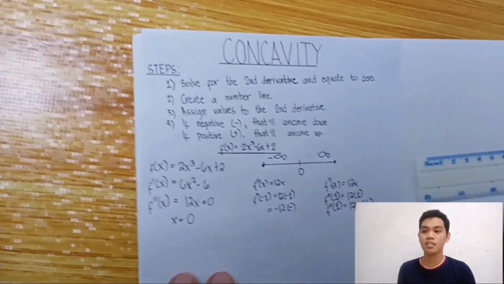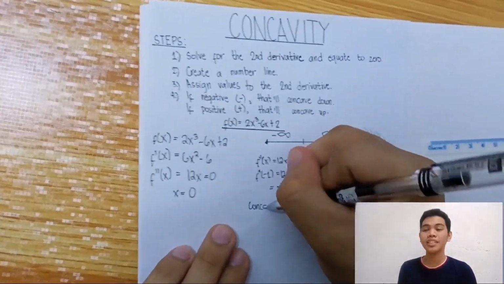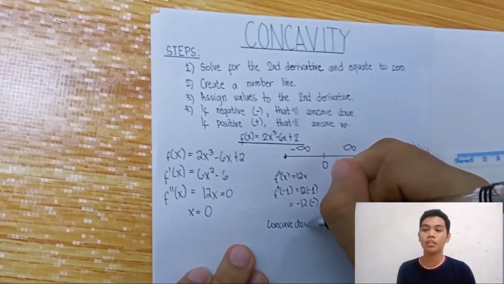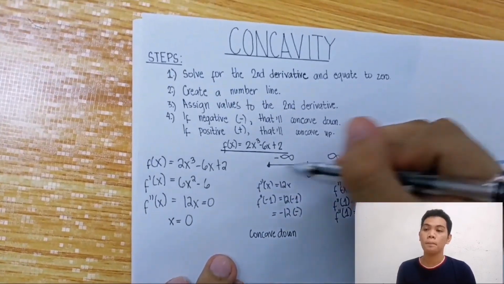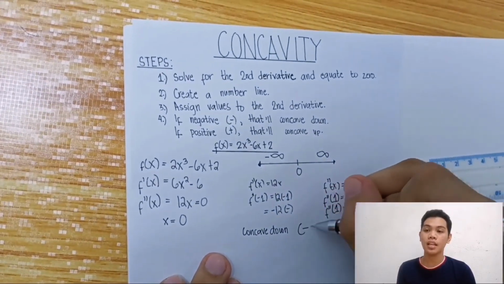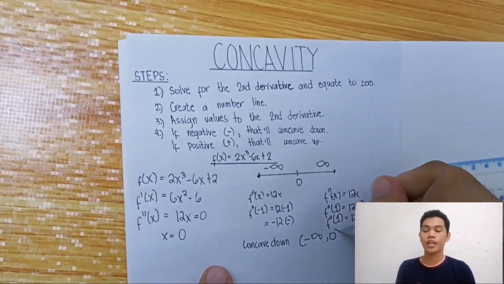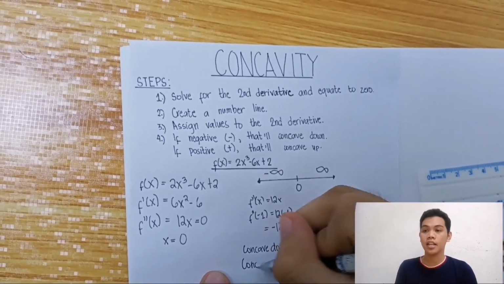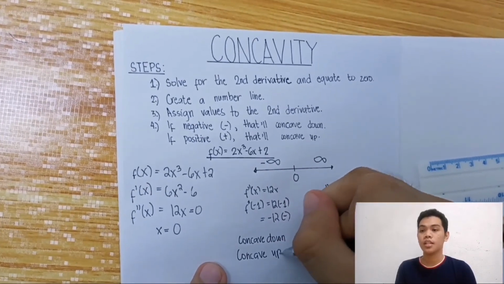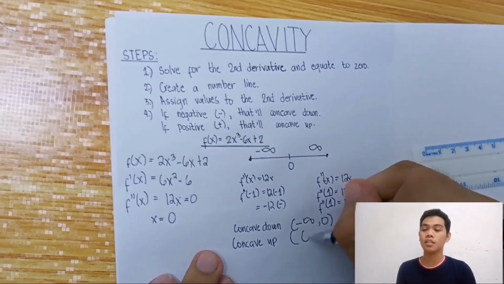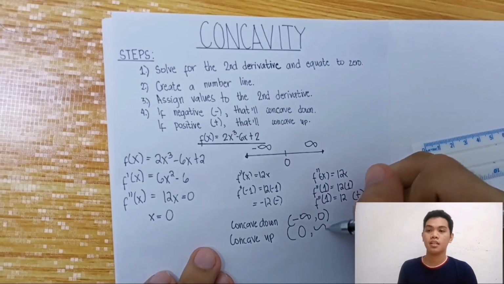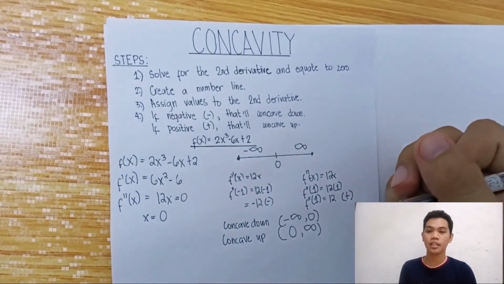Now the intervals. For concave down, we have negative infinity to 0. For concave upward, it will be 0 to positive infinity. So that's how you find the concavity.